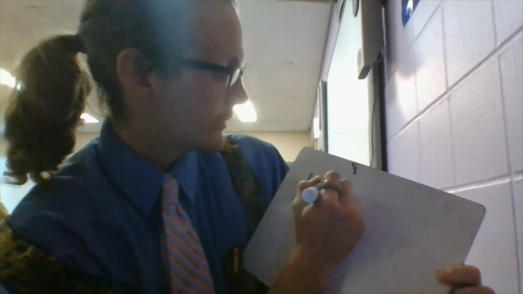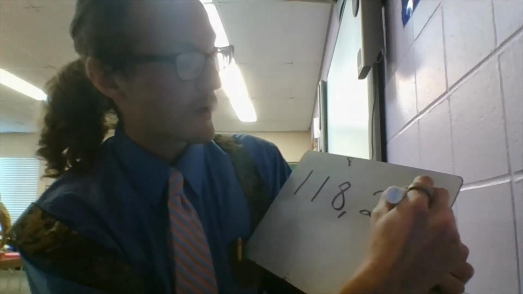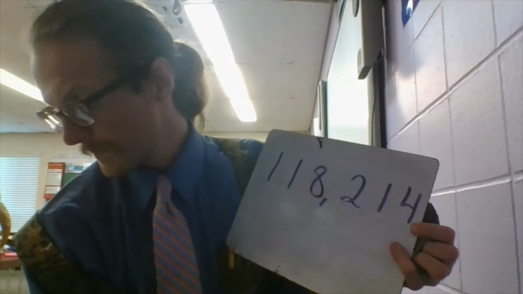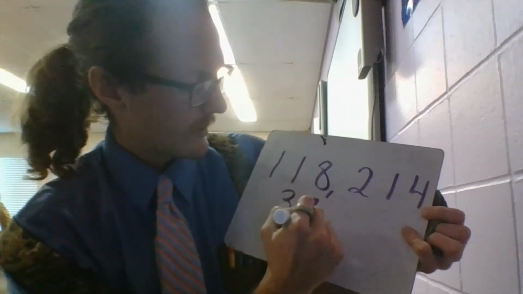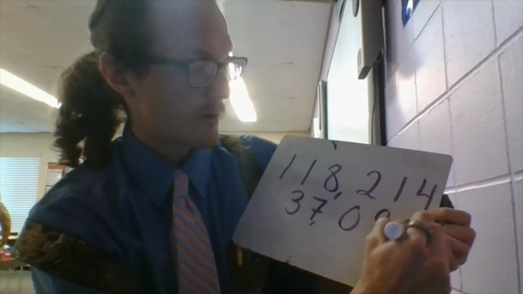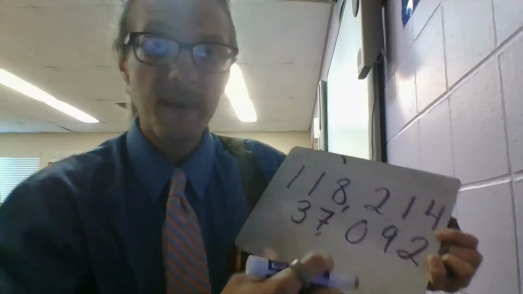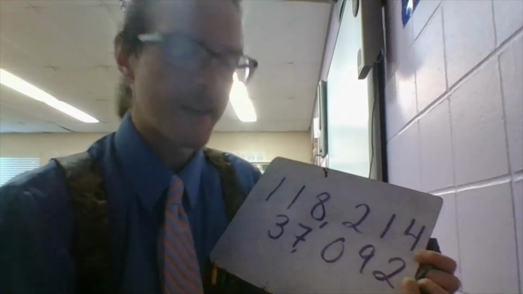Now space these out. 118,214 pairs of boots. 37,092 pairs of sandals. And since we are spacing these out, let's stop, add these two, then add again.